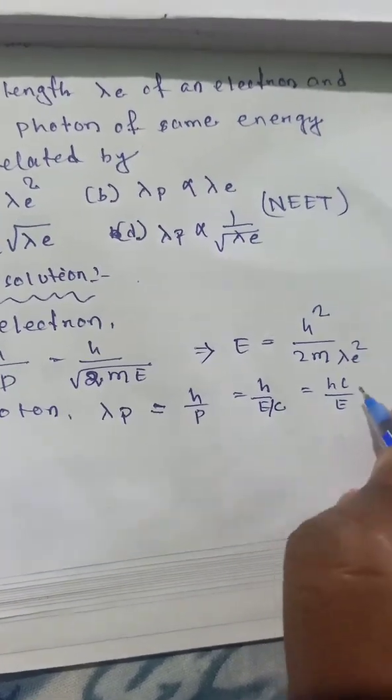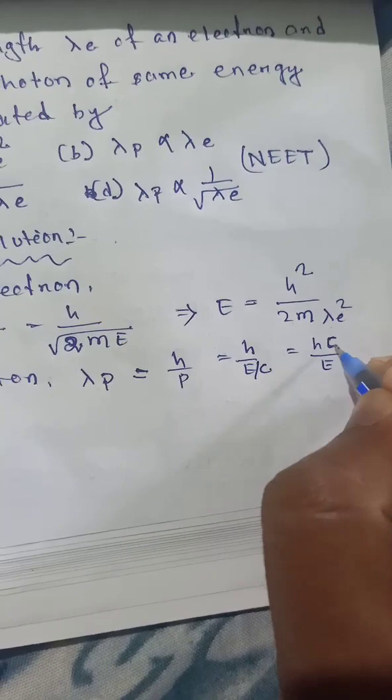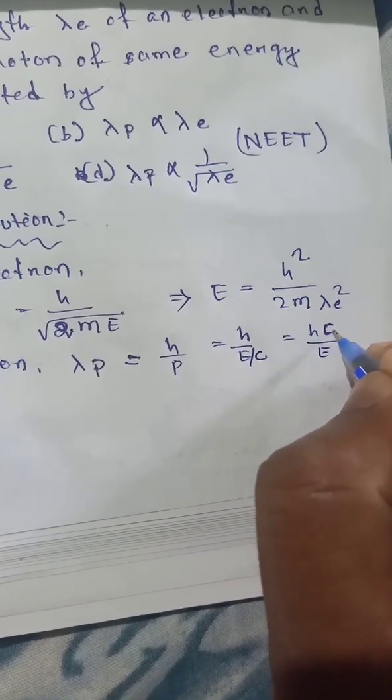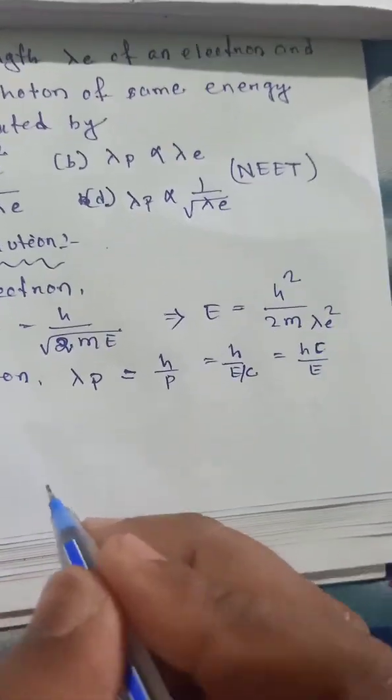So hc by E, where h is the Planck constant, c is the velocity of light, and E is the energy.